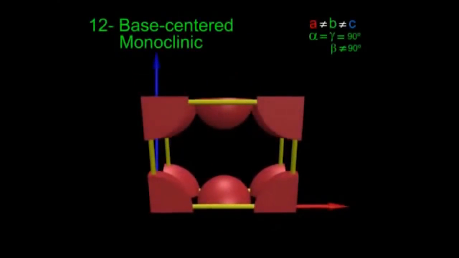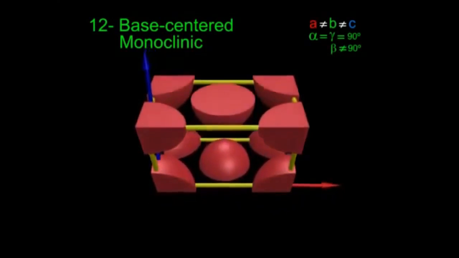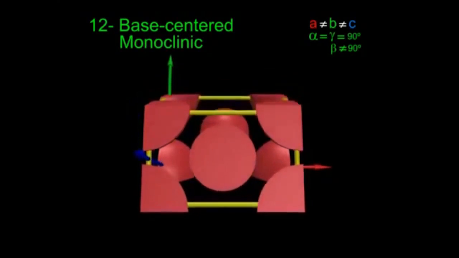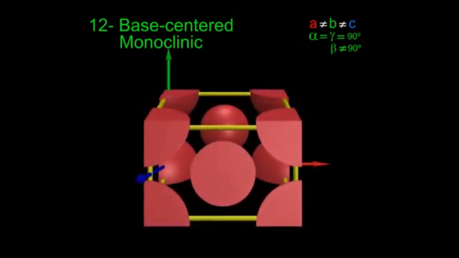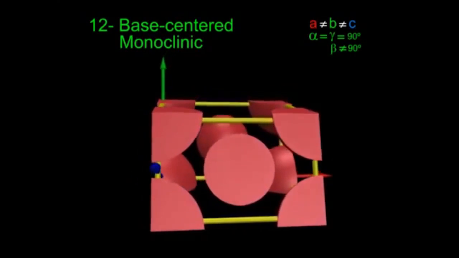This is the base centered monoclinic cell. Here, in addition to corner atoms, we have two base atoms. Here also A is not equal to B is not equal to C. Here alpha and gamma angles are equal to 90 degrees, whereas the beta angle differs.